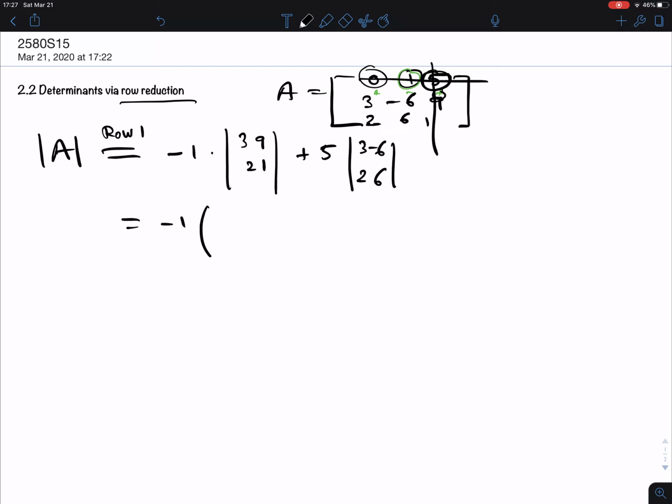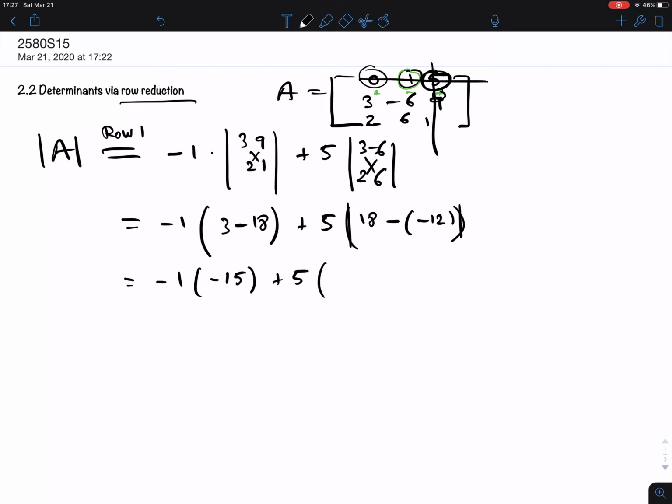It's -1 times (3 minus 18) plus 5 times (18 minus 12). That is -1 times -15 plus 5 times 6, that is 30. So minus times minus is plus 15, plus 150, that is 165. All right.